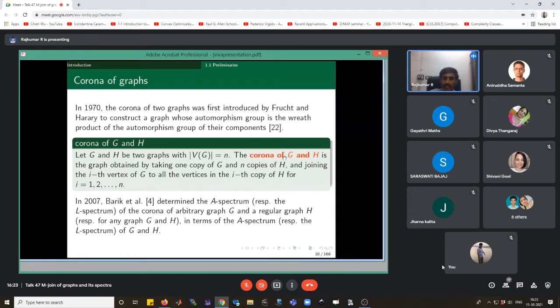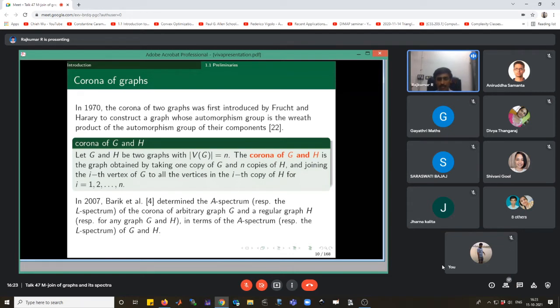Then the corona of G and H is the graph obtained by taking one copy of G and n copies of H. G has n vertices, so corresponding to each vertex we take one copy of H. And then join the ith vertex of G to all the vertices in the ith copy of H for each i. So such a graph is known as the corona of G and H.